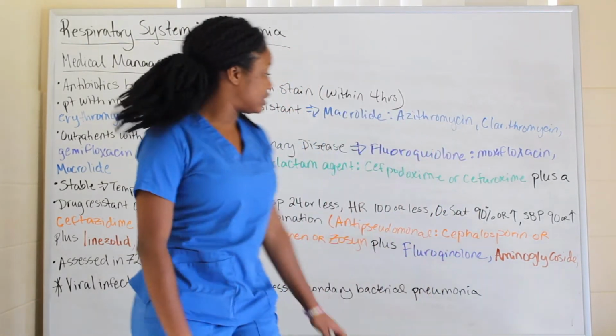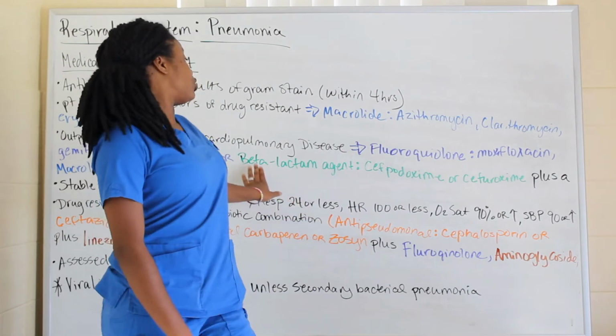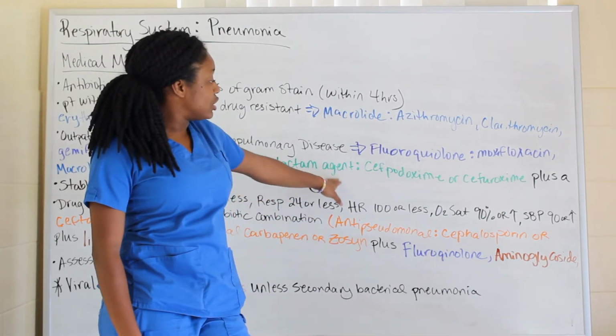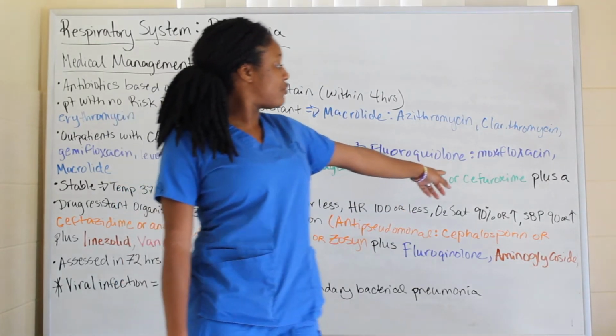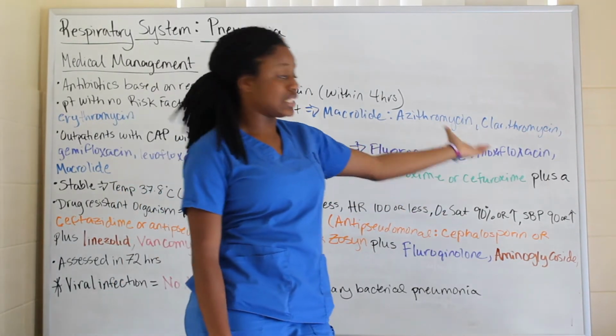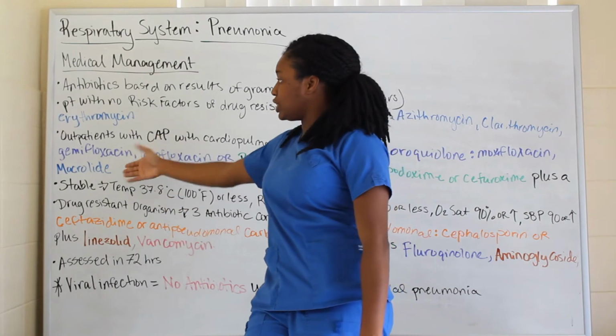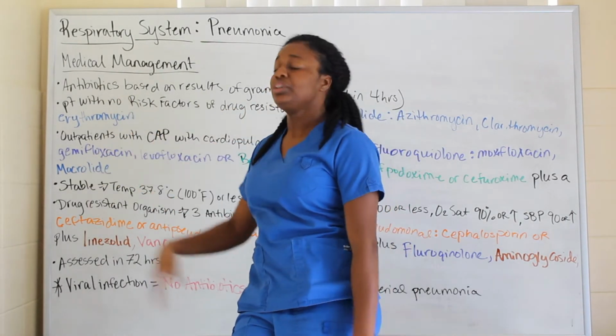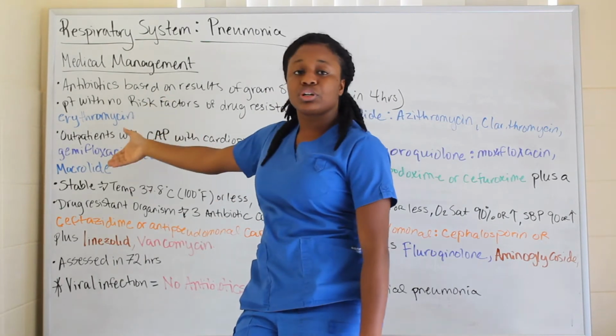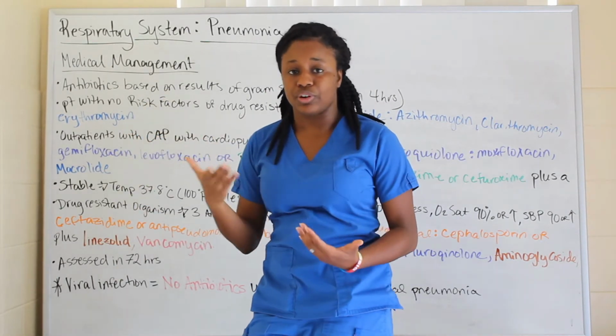Or you can use a different category, a beta-lactam agent, such as cefepime and cefuroxime, plus a macrolide, which are the macrolides up here. I try to keep all the macrolides blue, the fluoroquinolones purple, and so on and so forth.